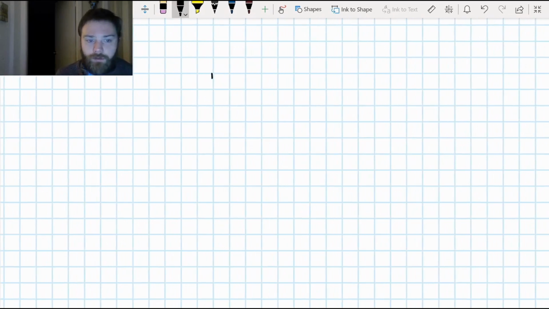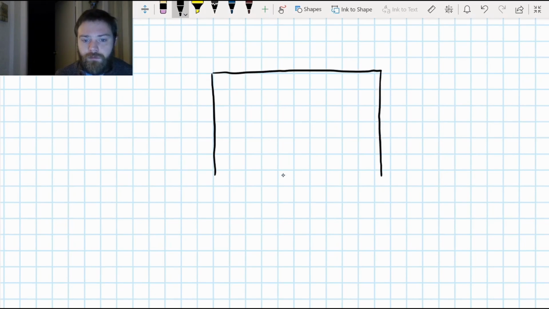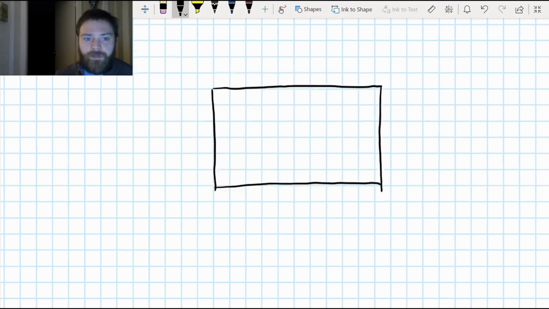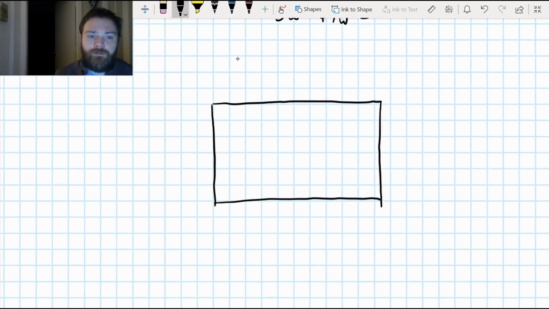If I have a rectangle, and I'm talking about a ratio of 2 to 3, all I mean here is that if this side length is 2x, then this side length has to be 3x.